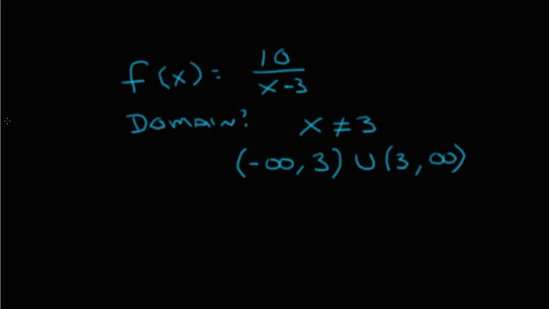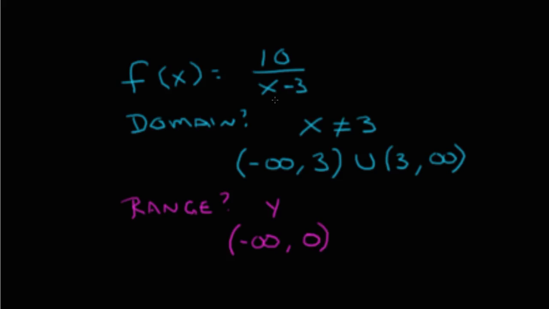So, if you're asked what the range of the same function is, well, that has to do with y. And if we've already said that the domain can be any number but 3, then what we can show for the range of this function is that the range can be anything from negative infinity up to 0.